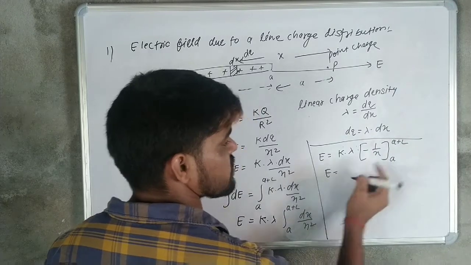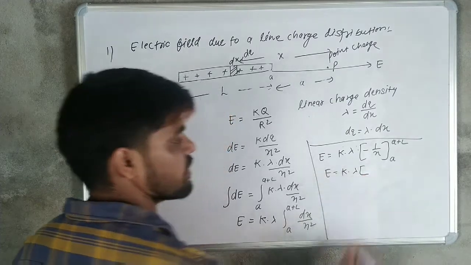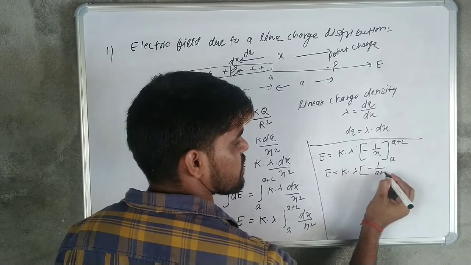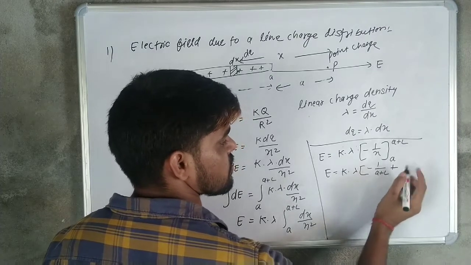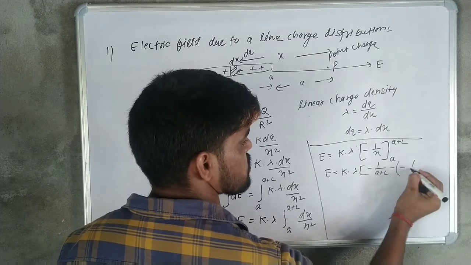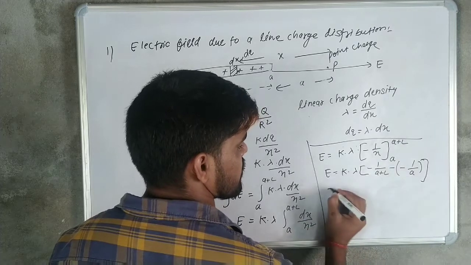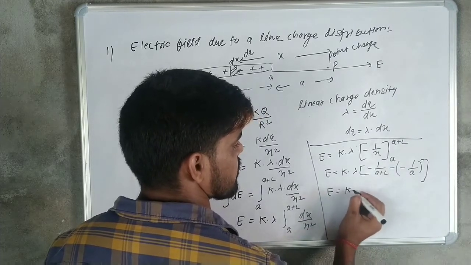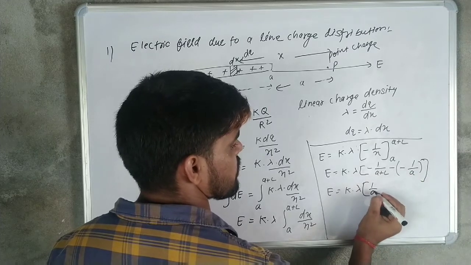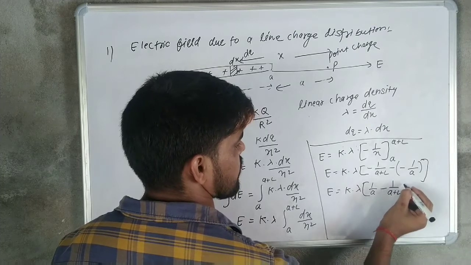Now we put the limits in this, so it will be k into lambda into minus 1 upon a plus l, plus 1 upon a. So E is equal to k into lambda into 1 upon a minus 1 upon a plus l.